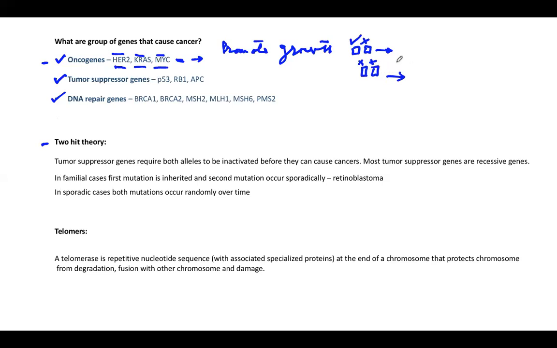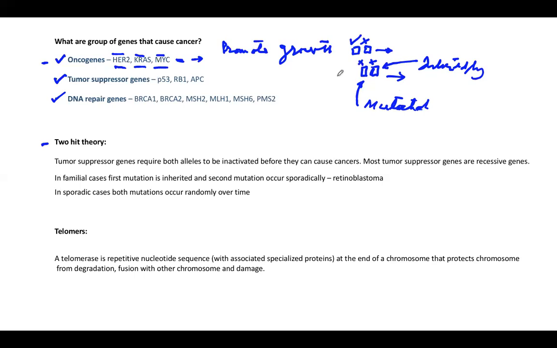So sometimes one copy is inherited abnormal, and then the second copy is mutated later on, sporadically or randomly. So one copy is defective by inheritance and then both are abnormal, which results in cancer.